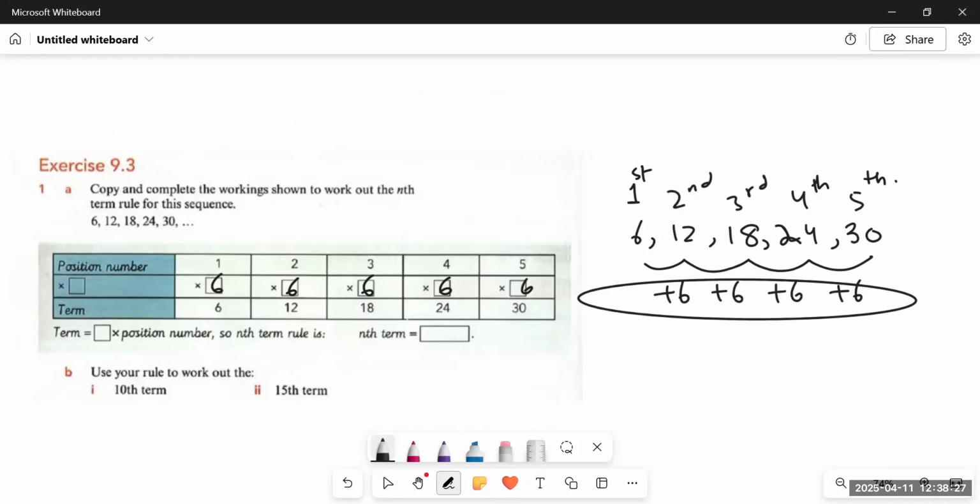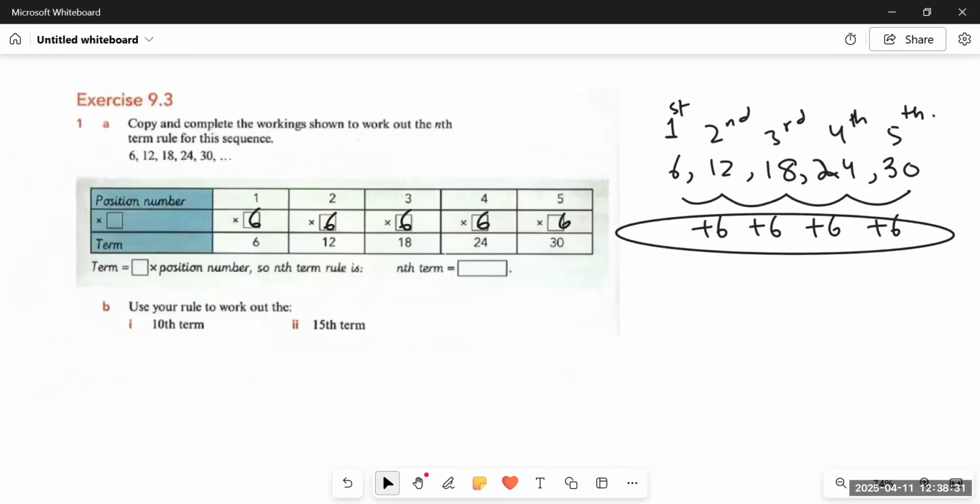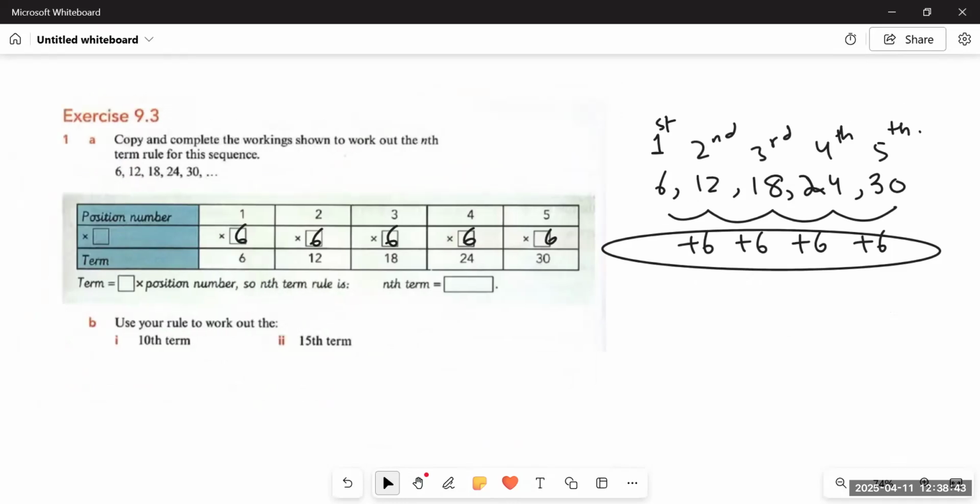So if we have to find the number of dots, or the nth term for any particular term number, we will simply multiply the position number by 6 to find the term n. Any term is equal to 6 multiplied by the position number.